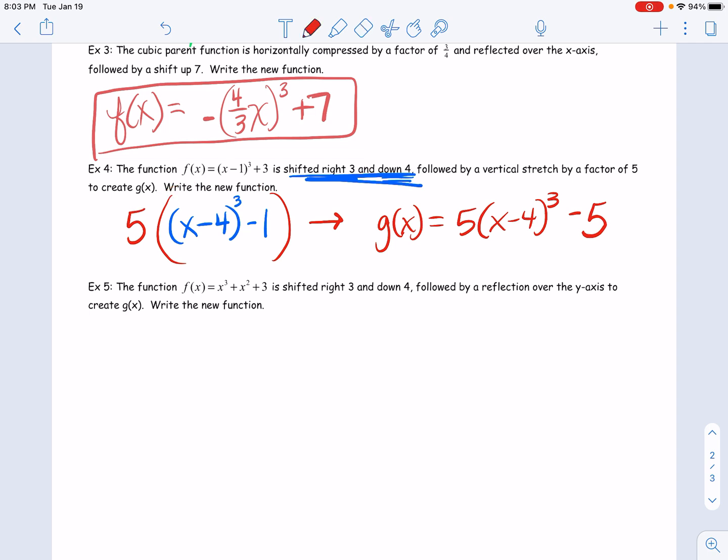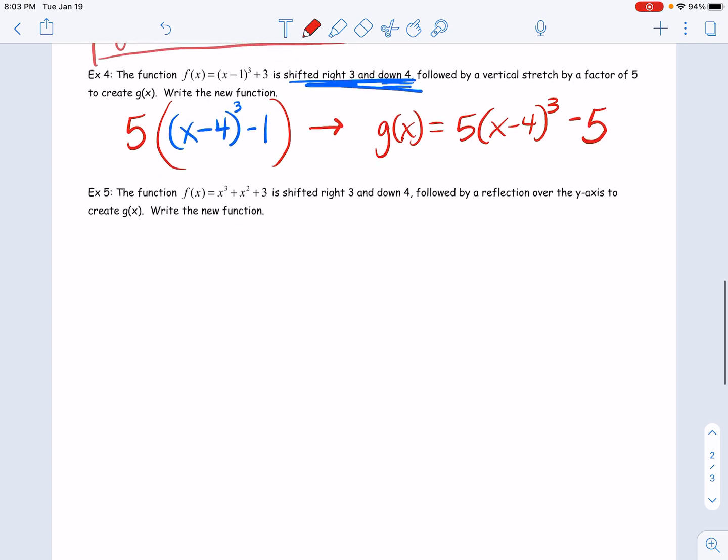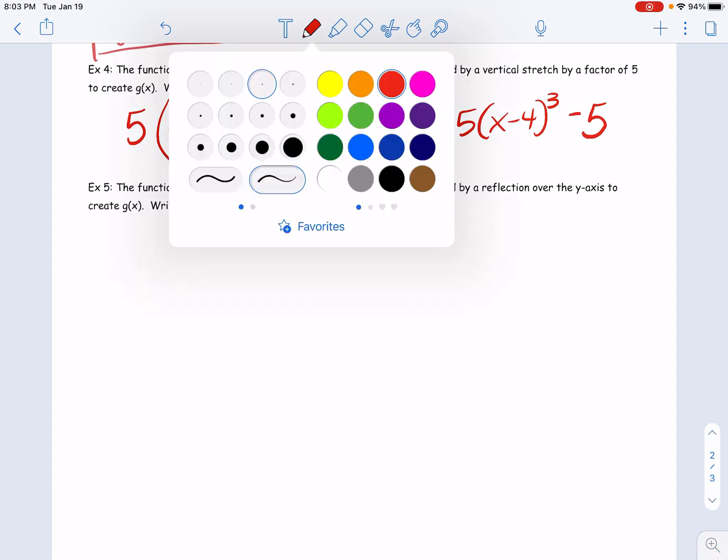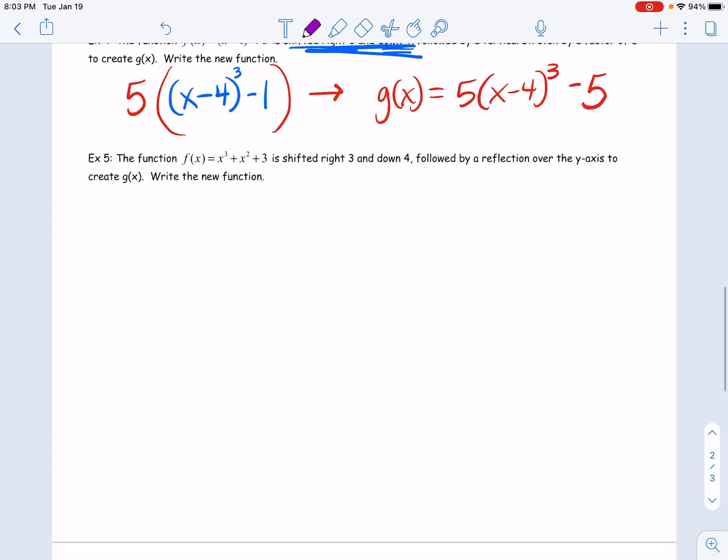And the last one. This one kind of takes a little while, so just be patient. So it says the function f of x equals x cubed plus x squared plus 3 is shifted right 3, down 4, and then followed by a reflection over the y-axis to create this new function g of x. So what I like to do is break up these transformations.